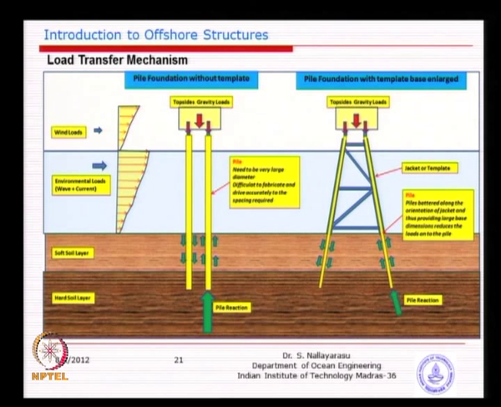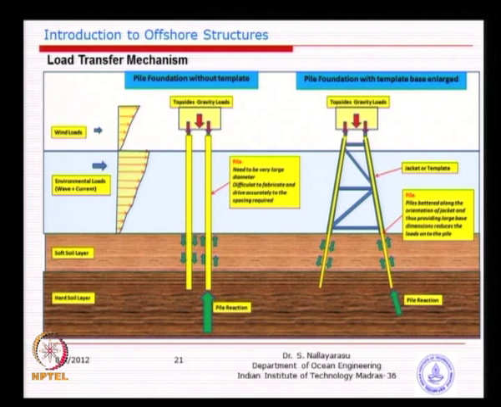You see the next picture, instead of making a template only at the seabed, because again the piles could prove to be opening at the top because of the wave load, you have a template, which is just in dark blue color, made of a steel frame only for driving the piles. So the idea behind the method called the jacket design is nothing but a simple template only for driving the pile.